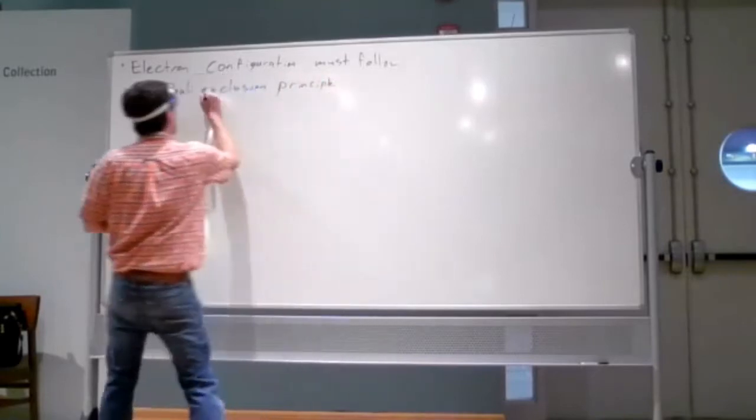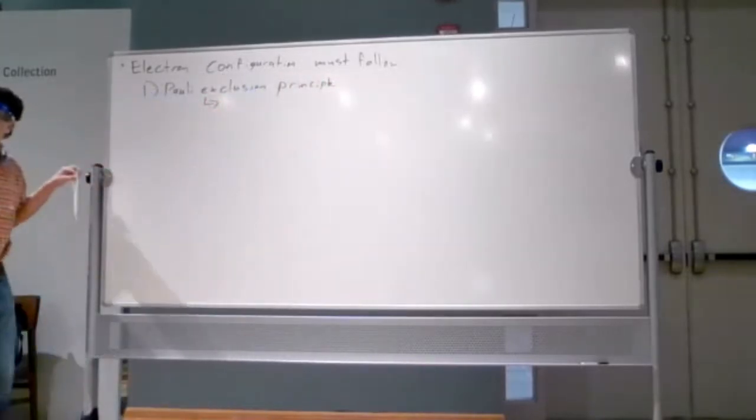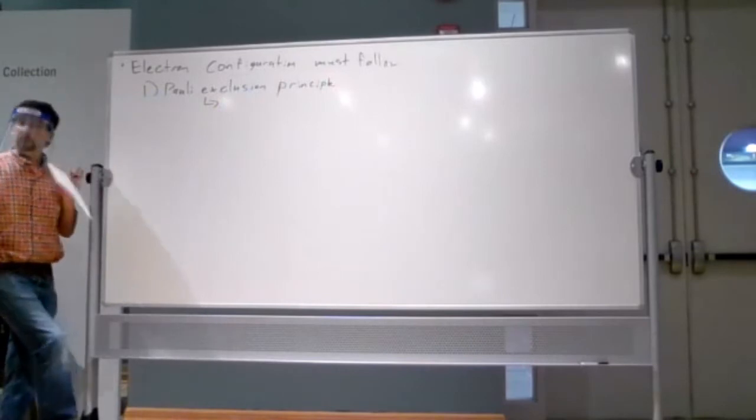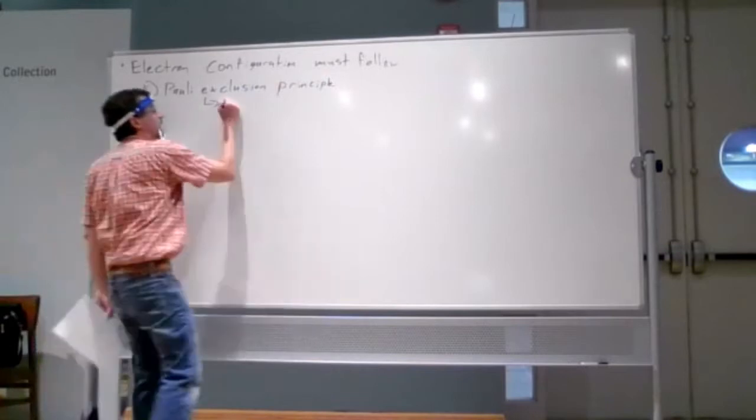And what did we say that was, again, one more time? Yep, electrons must have different sets of quantum numbers.